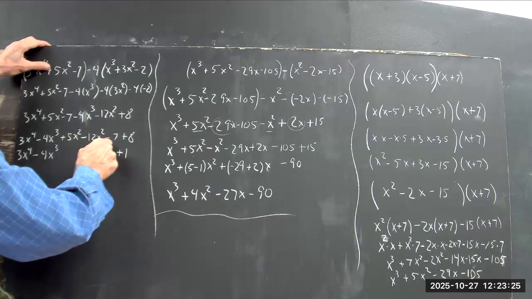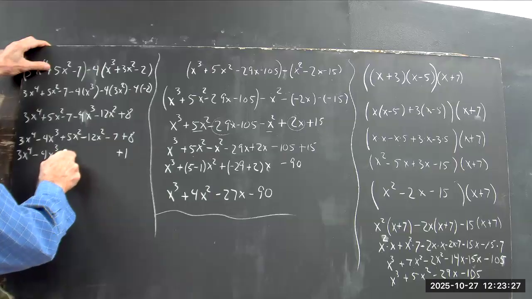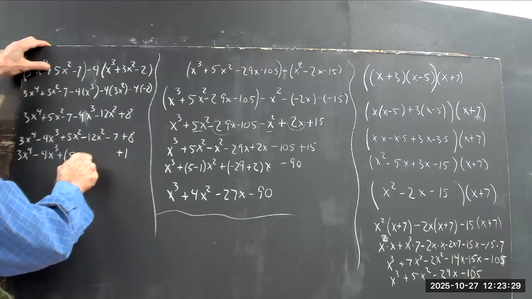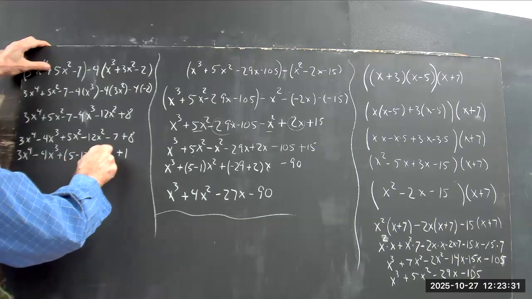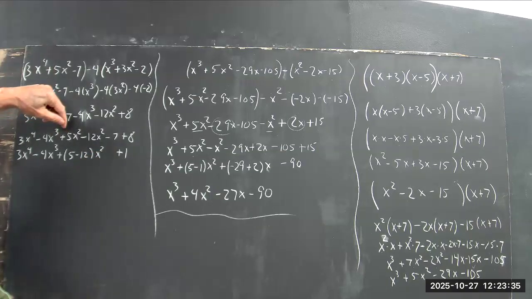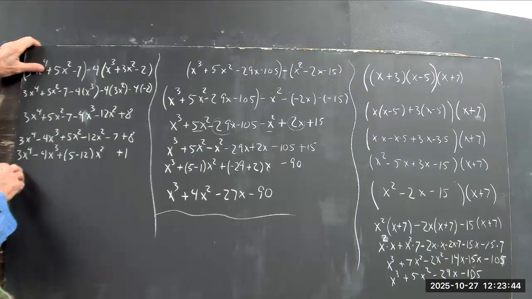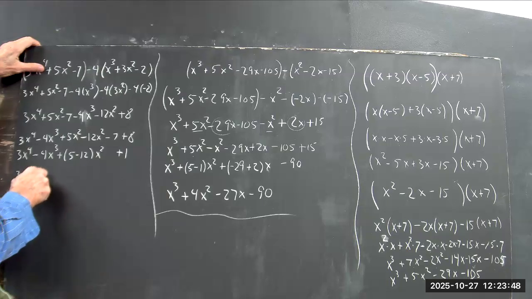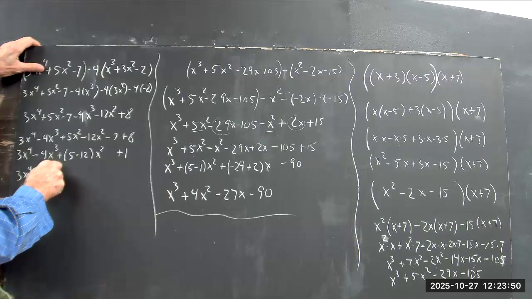And then we've got 5x squared minus 12x squared, which I'm going to write down, and I want you to do that. I write that as 5x squared minus 12x squared is 5 minus 12 times x squared. All right. Now, we got our 3x to the fourth that we'll write again. We've got our minus 4x cubed that we'll write again.